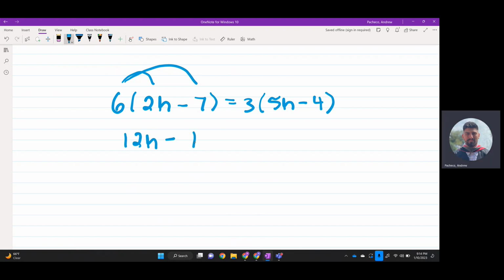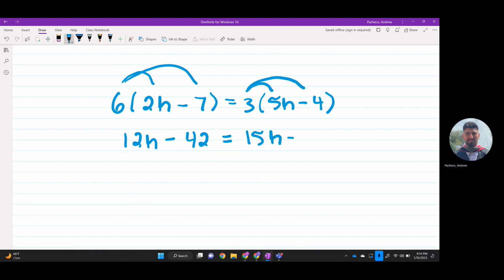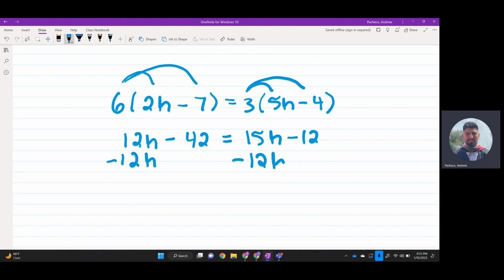So 12h minus 42, 3 times 5, 3 times -4. Then I can try to get h by itself. I'm going to subtract 12h from the left. Remember, I subtract it from one side because I'm trying to get rid of it. So 12 minus 12 is going to be 0.